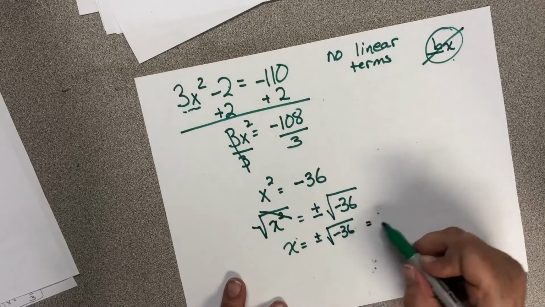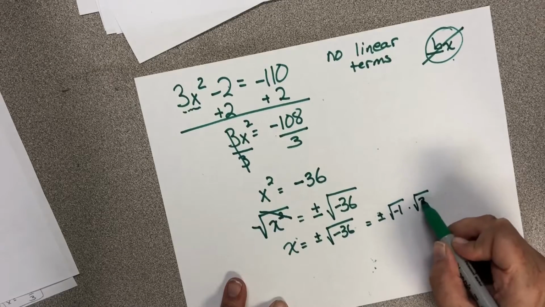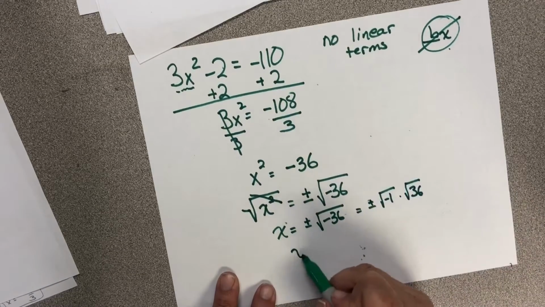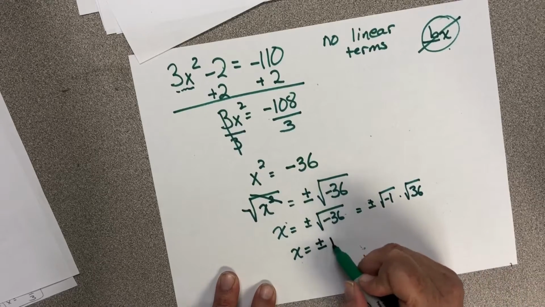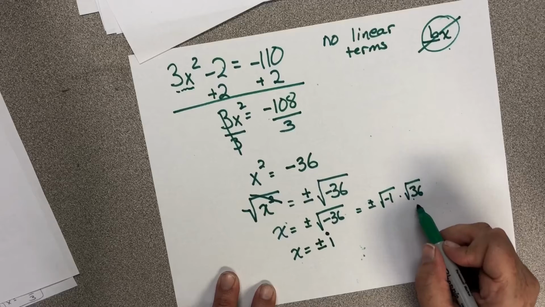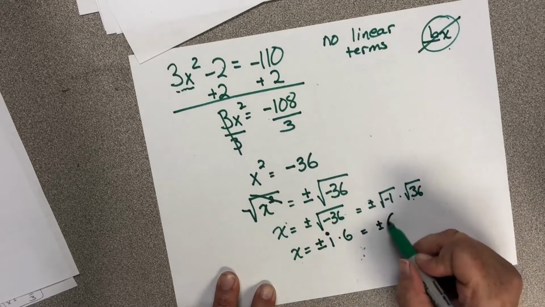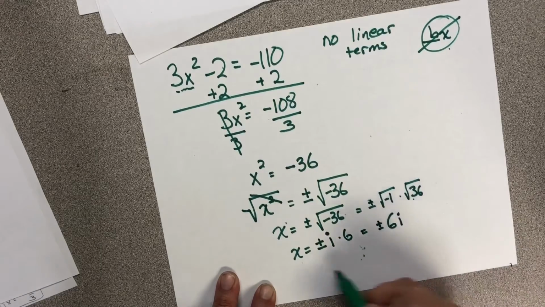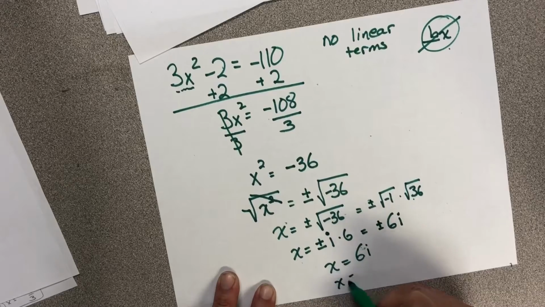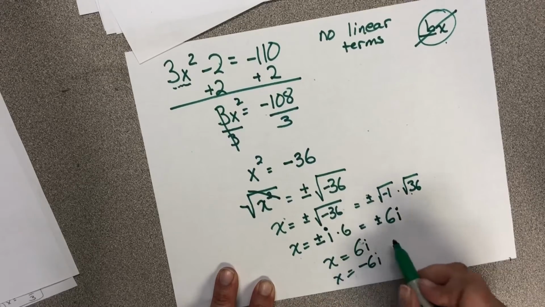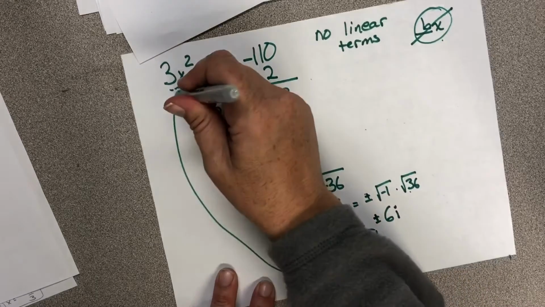Well, it is square root of negative 1 times square root of 36. Square root of negative 1 is i. Square root of 36 is 6. So we're going to write it as plus and minus 6i. And let's write that two ways. x equals 6i. x equals negative 6i. Those are your two solutions to this problem.